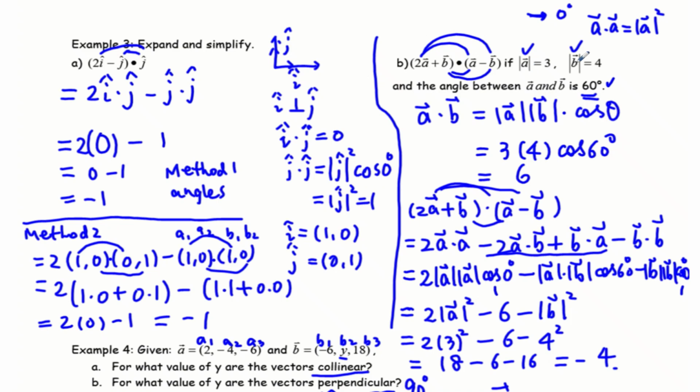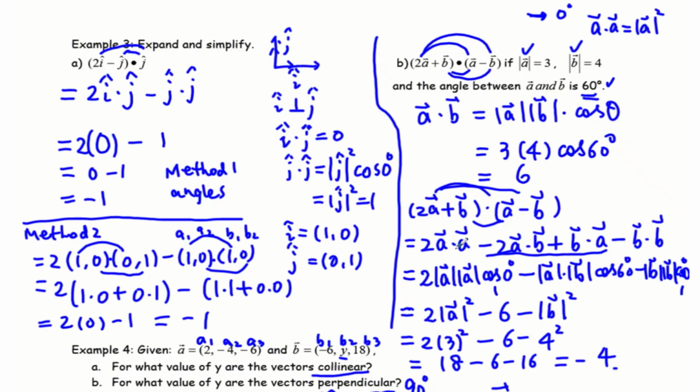If we have A magnitude, B magnitude, and the angle given, we could find all the operations of the two vectors. Just like binomial multiplication, A dot A gives us just the A magnitude squared, and A dot B gives us A magnitude times B magnitude times cosine angle.